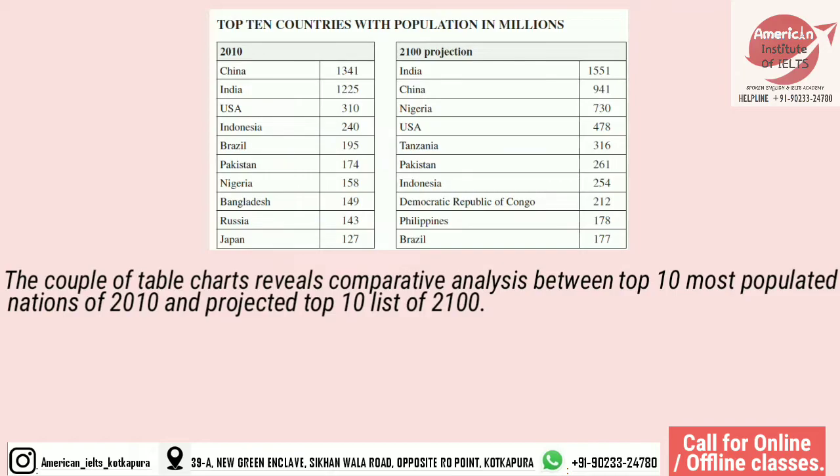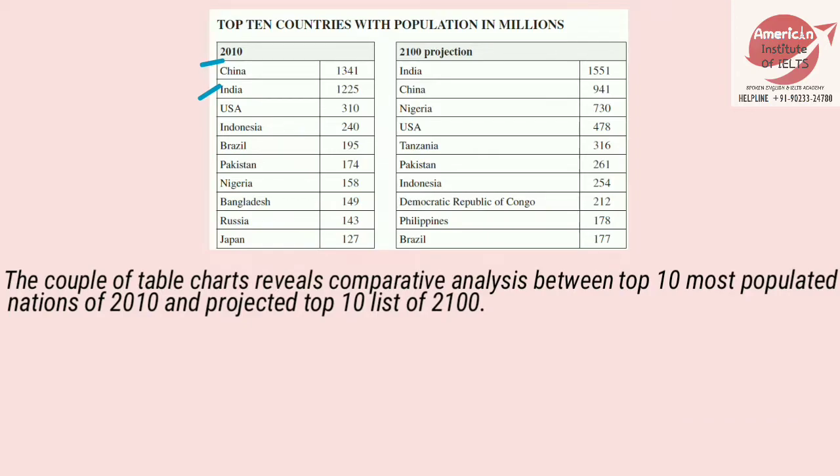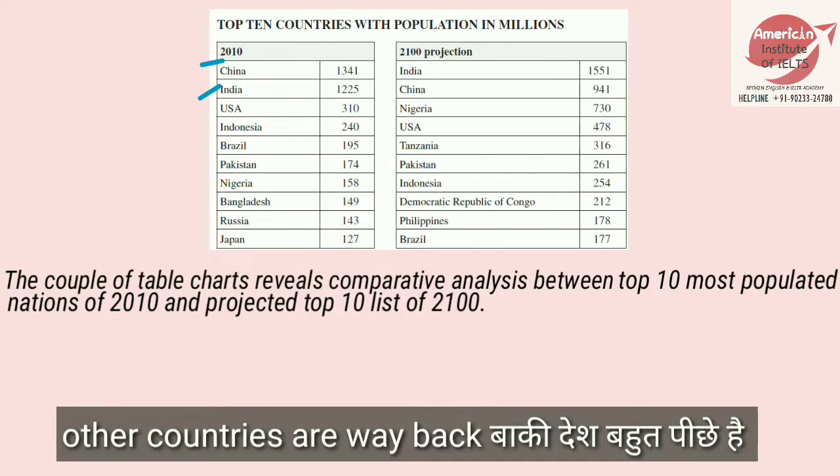Now moving further to our body paragraph 1, and it is very important what you will write in it. So let us take in body paragraph 1 first of all China and India, because these two are the most populated nations. And then the other countries are way back. So let's start with these.